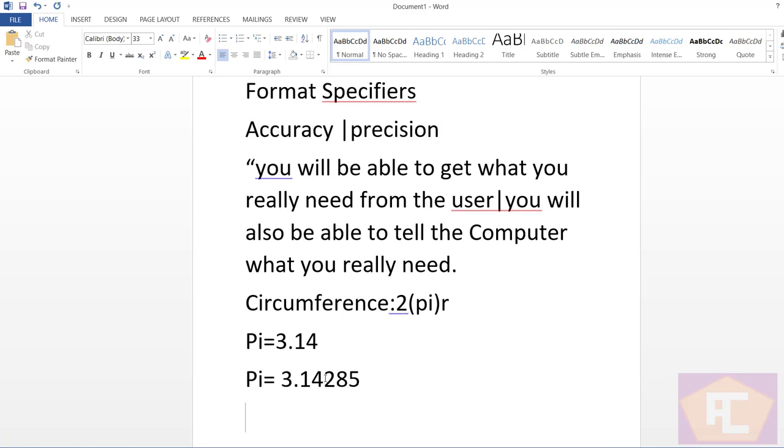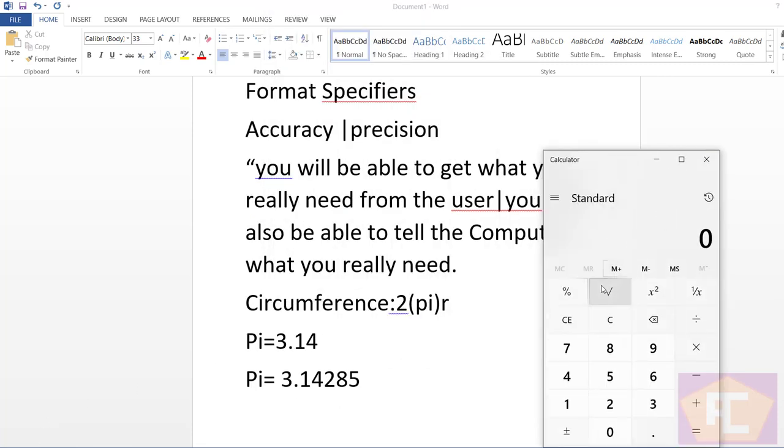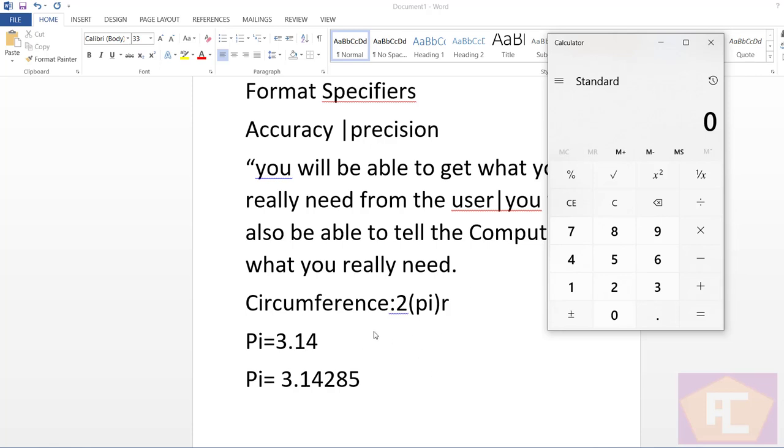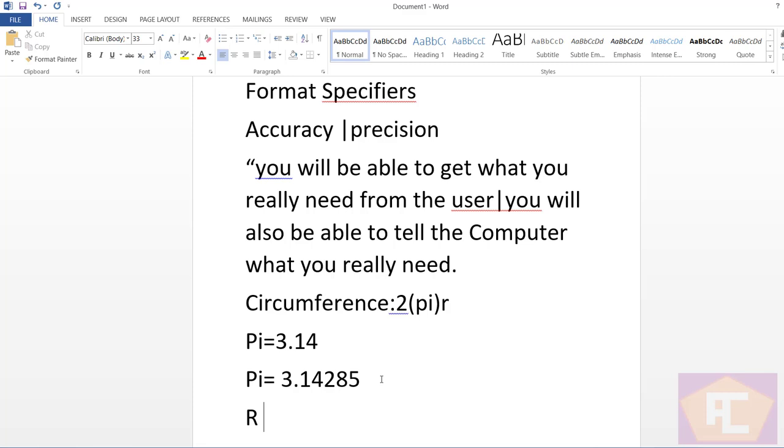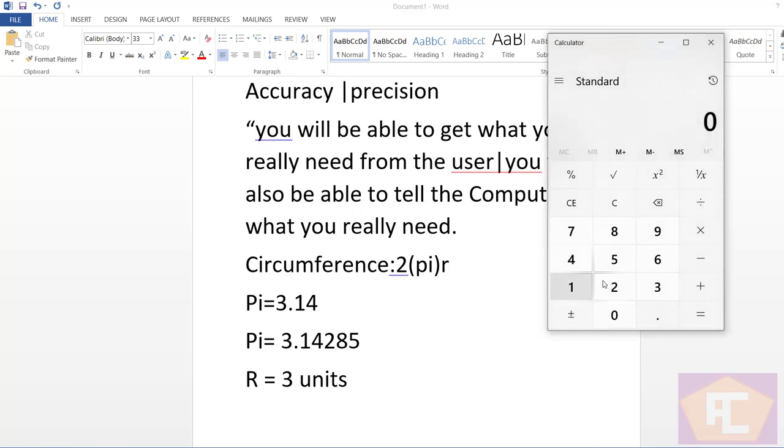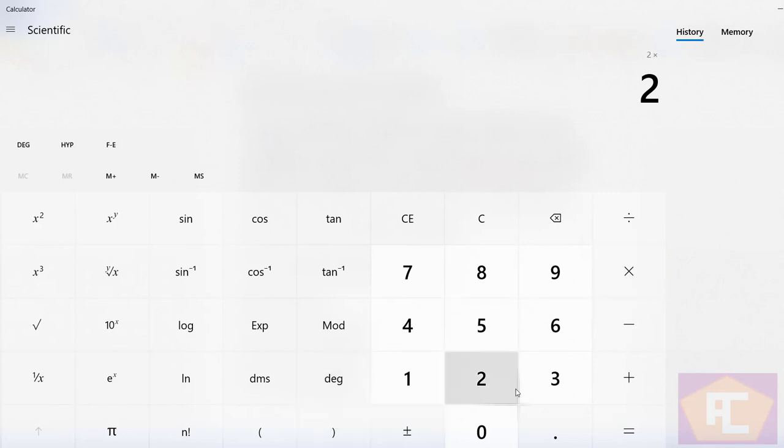So let me show you this. Let me take the calculator, and I'm going to be calculating the value of the circumference for, say, the radius being equal to 3 units. Now let us find it out. So 2 times 3.14 times 3.